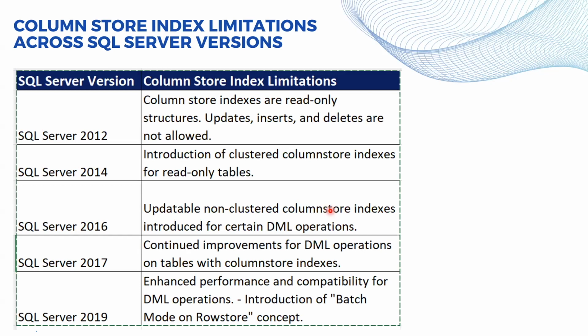Then in SQL Server 2014, the clustered column store index was introduced, which was updatable. Then in a later version it was introduced for certain DML operations. In SQL Server 2017, there was continued improvement for DML operations on tables with column store index. And in 2019, it enhanced the performance and compatibility for DML operations, with the introduction of batch mode on row store.